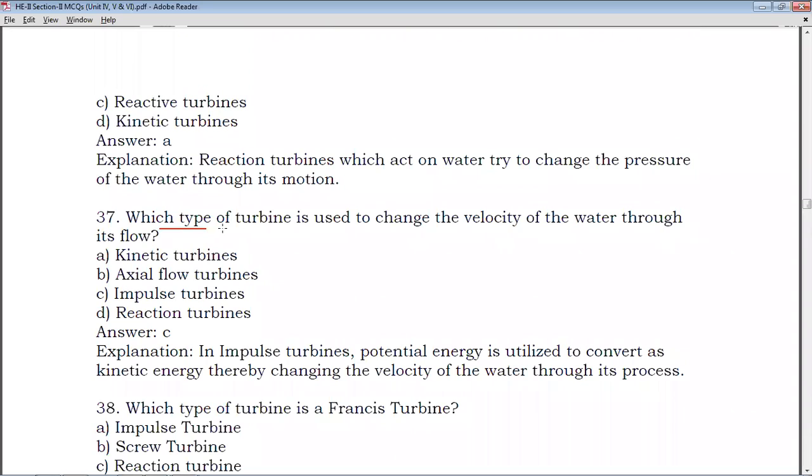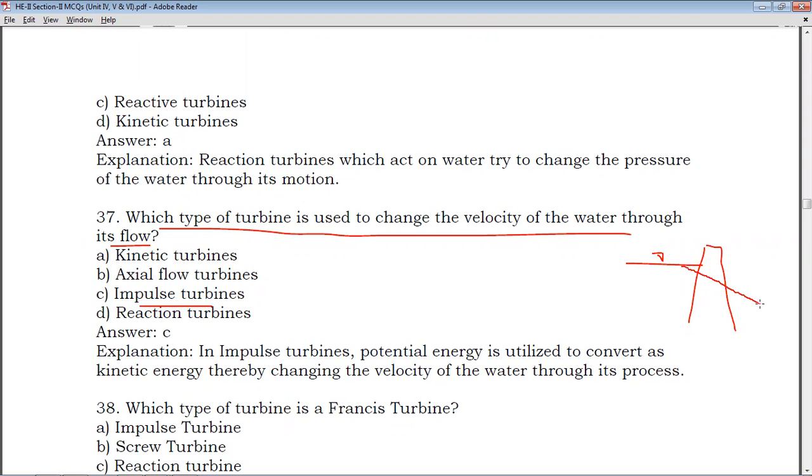Next, which type of turbine is used to change the velocity of water through its flow? The correct answer is impulse turbine. As you saw, what do we use the impulse turbine for? For higher heads.